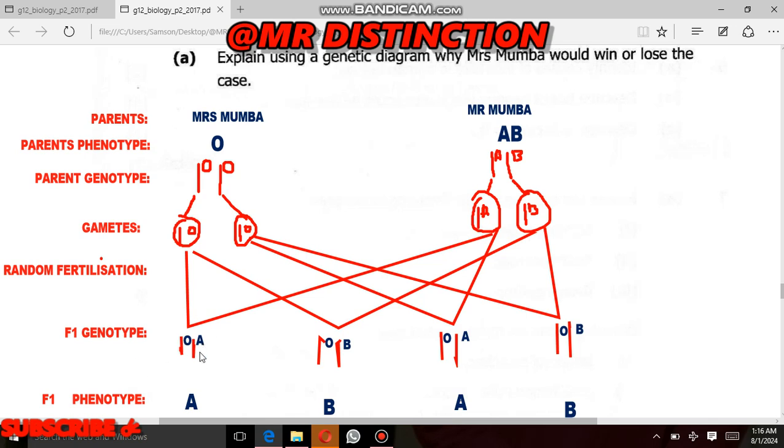What is the phenotype of this genotype? If you see IO and IA, just know that this is blood group A, because A is dominant over O. Also, if you see an A here and an A there, just know that this is blood group A.